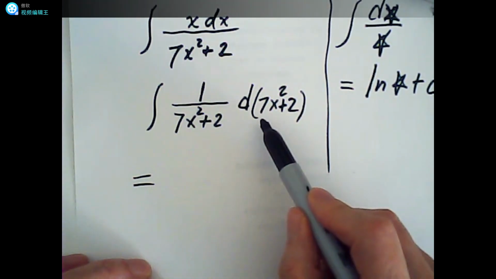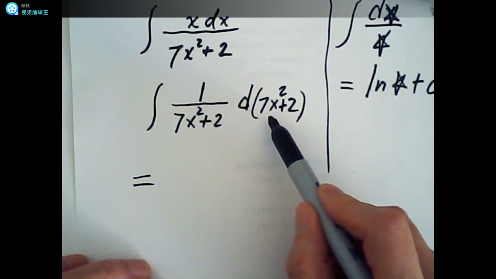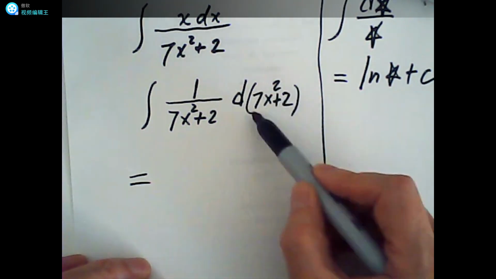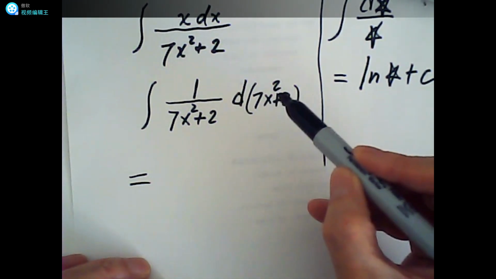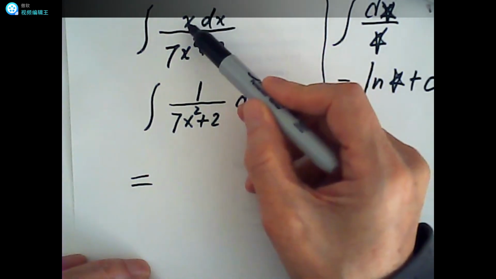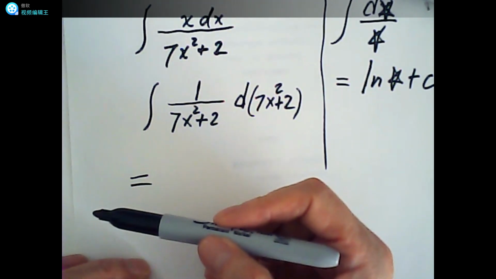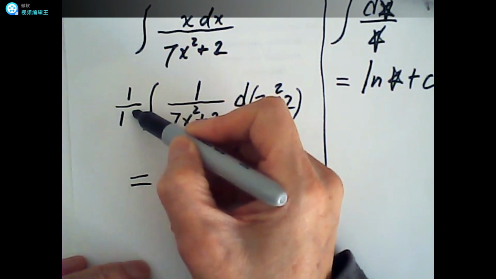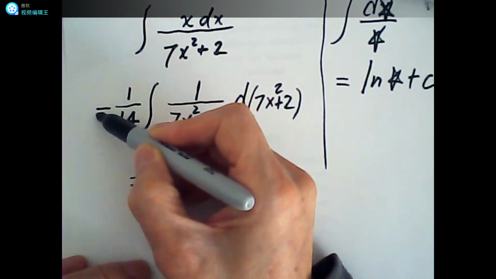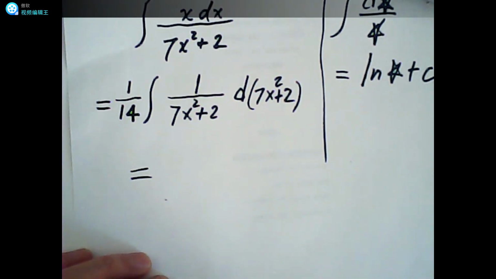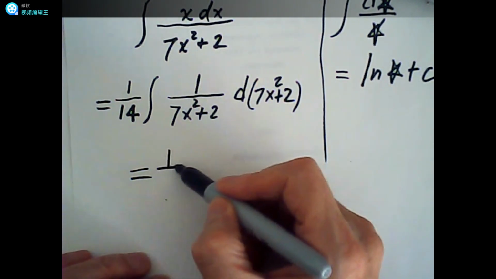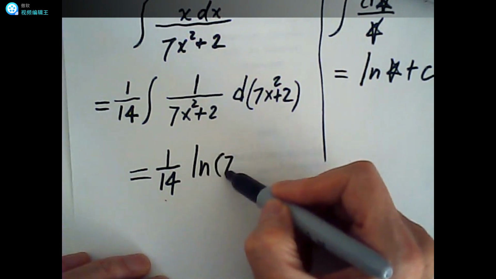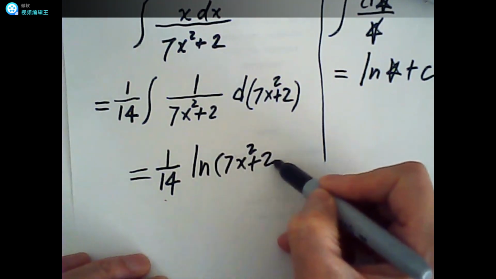So this one is 14x dx. I have only one x dx, so against 14x, I just balance it by dividing by 14. Then I put the equal sign back. Okay, then this is 1/14 log of 7x squared plus 2, right?